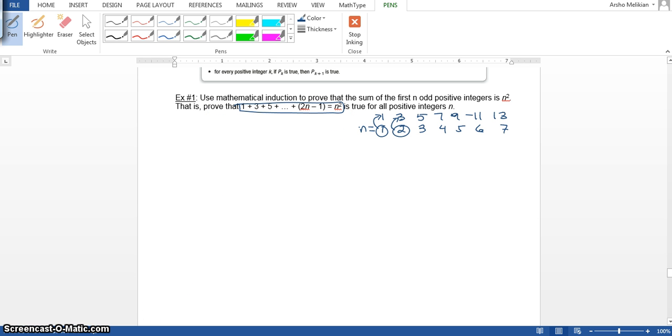Now let's see what the statement itself is saying. It says that if you add a certain set of numbers, the value is n squared. So suppose n is equal to 5. If n is equal to 5, I'm adding 5 numbers. So which numbers am I adding? 1, 3, 5, 7, 9. Okay? If you add that manually, what's the value? 25. Okay?